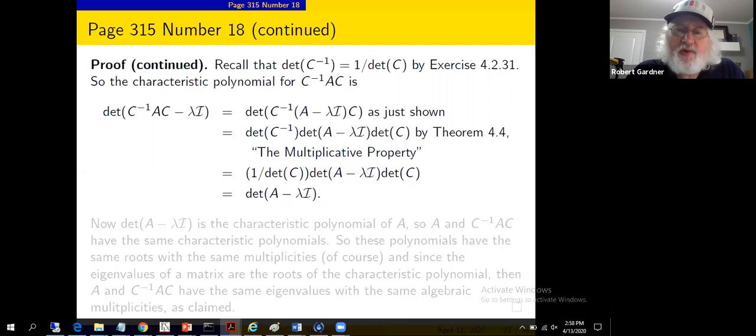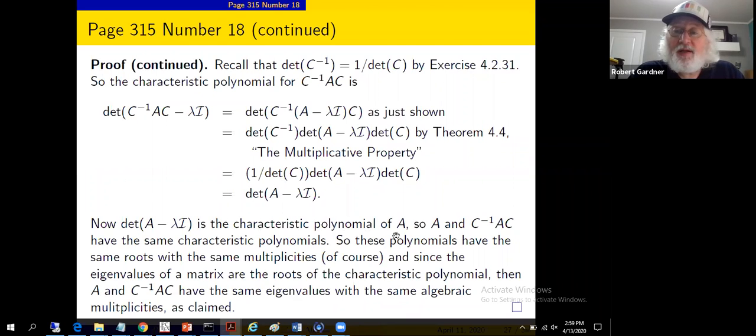So we get cancellation and we get a determinant of A minus lambda I. Hey, that's the characteristic polynomial of matrix A. And this is the characteristic polynomial of matrix C inverse AC, a matrix that's, in our new vocabulary, similar to matrix A.